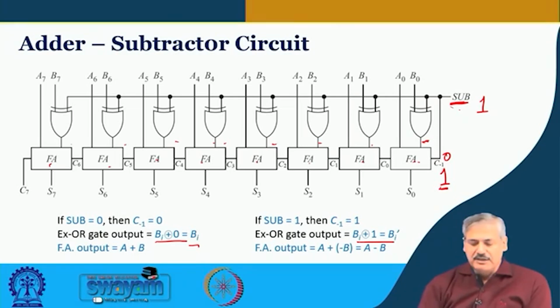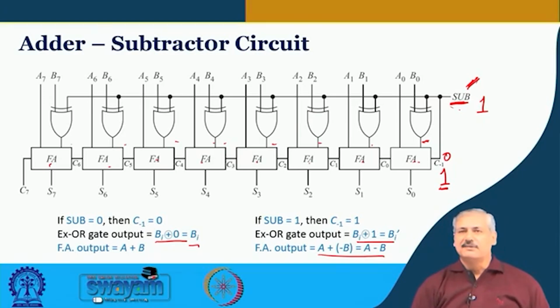Then the 2's complement gets added, and we understand how 2's complement arithmetic takes place. So, it will be A plus minus B, that is A minus B. This is a single adder subtractor unit, which performs both the job of addition as well as subtraction, depending on what you give as input. If the input here is 0, it is addition; if the input here is 1, it is subtraction.